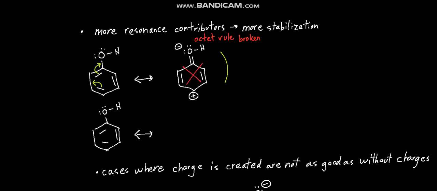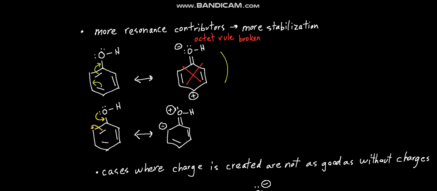Now, we can draw resonance contributors in a different way for this, involving bringing these electrons down and then up onto the carbon atom like that as a first pass. And that gets us to this resonance contributor. Where charges are created, however, it's a legitimate resonance structure.